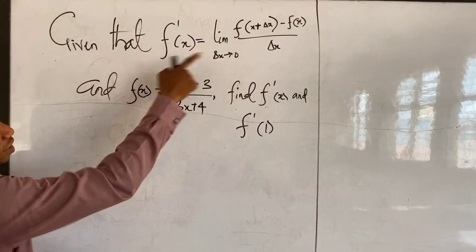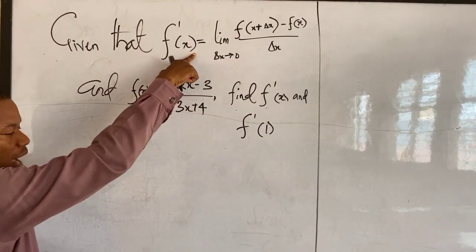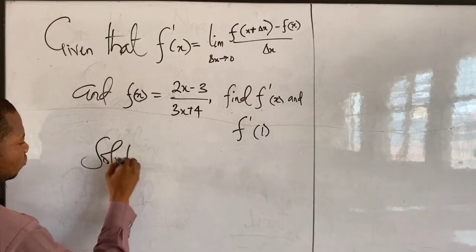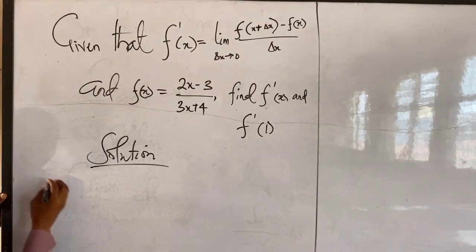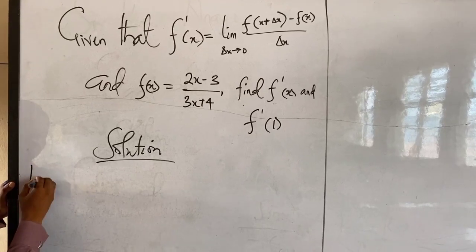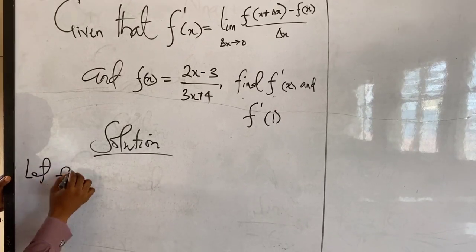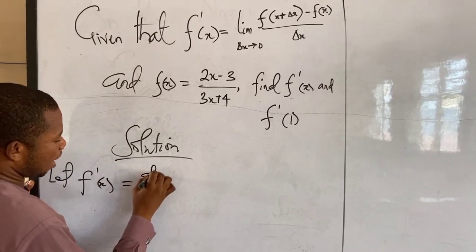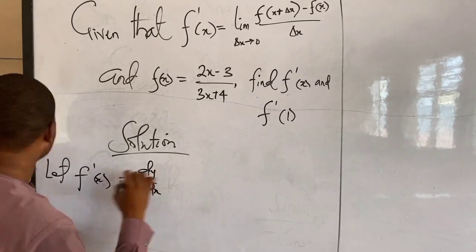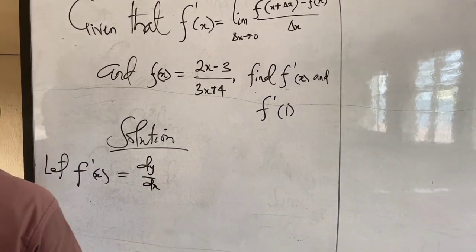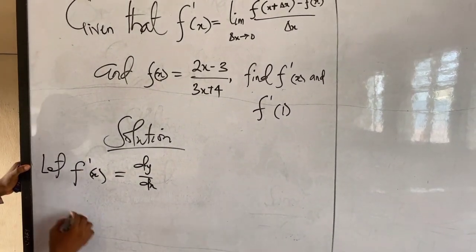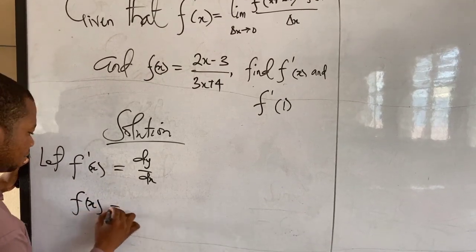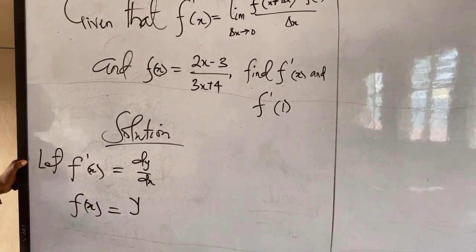Don't forget, while I was explaining, I said this means dy dx. Solution. Let f prime x be equal to dy dx, and then f of x, let it be equal to y.